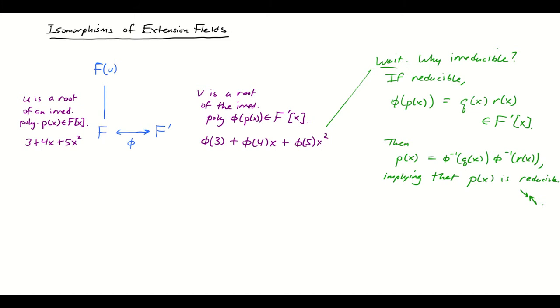So that's why this other polynomial over here also has to be irreducible over F prime, which means that we get from this another field extension, F prime adjoin v. So what we're going to do is show that there is also an isomorphism between these.